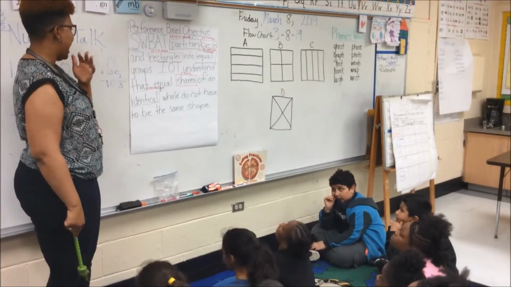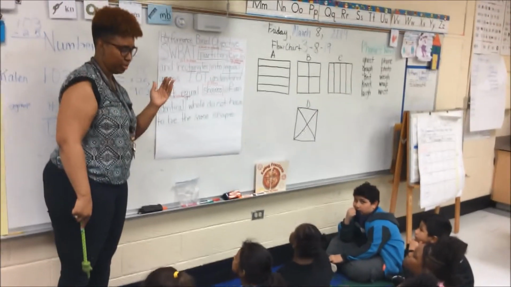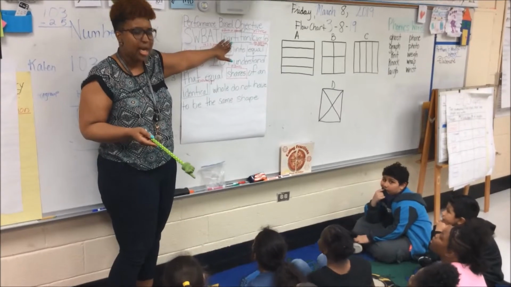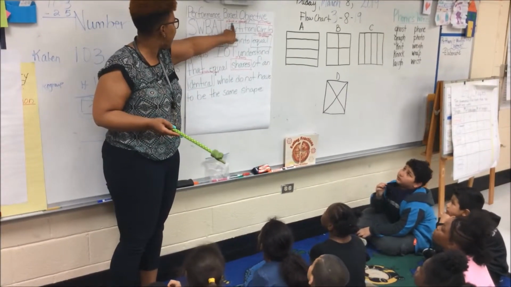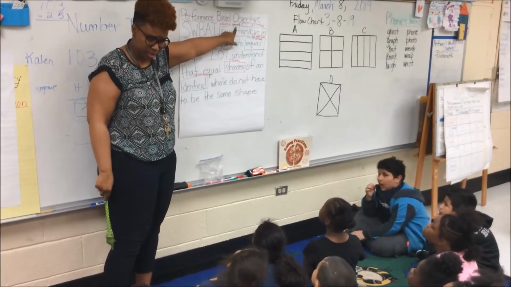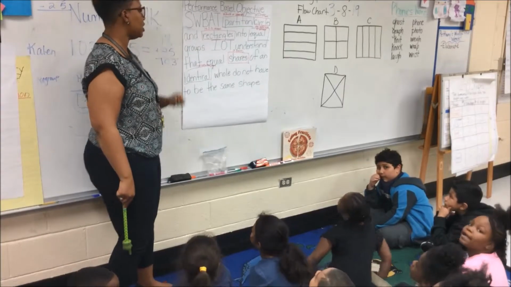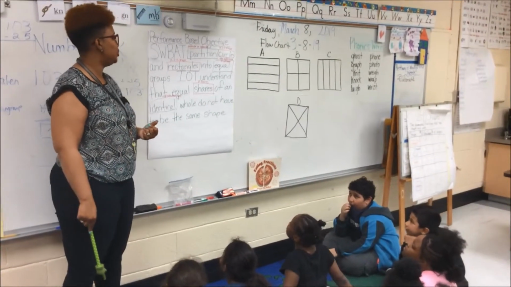Good. Let's go back and make sure we understand the language of the standard. We already know partition means divide or separate. Circles and rectangles are 2D shapes.